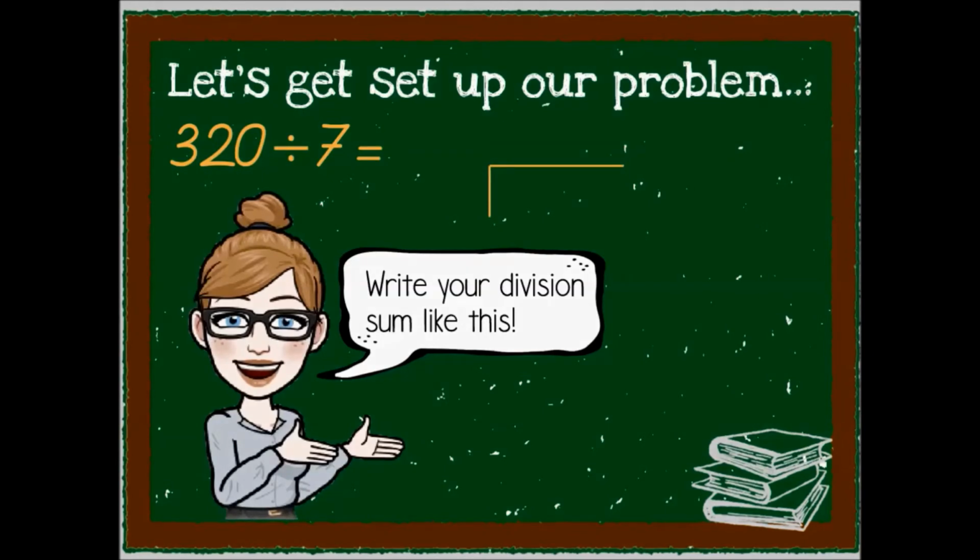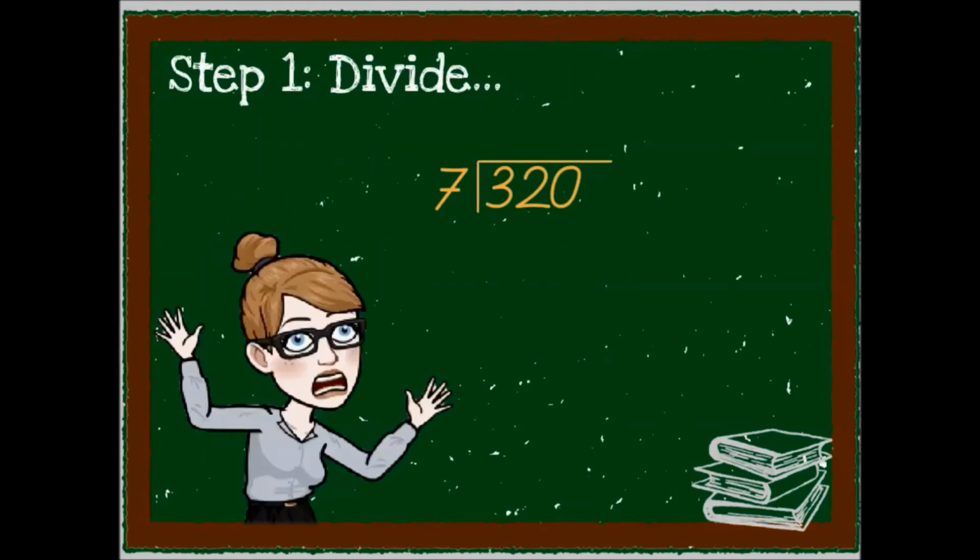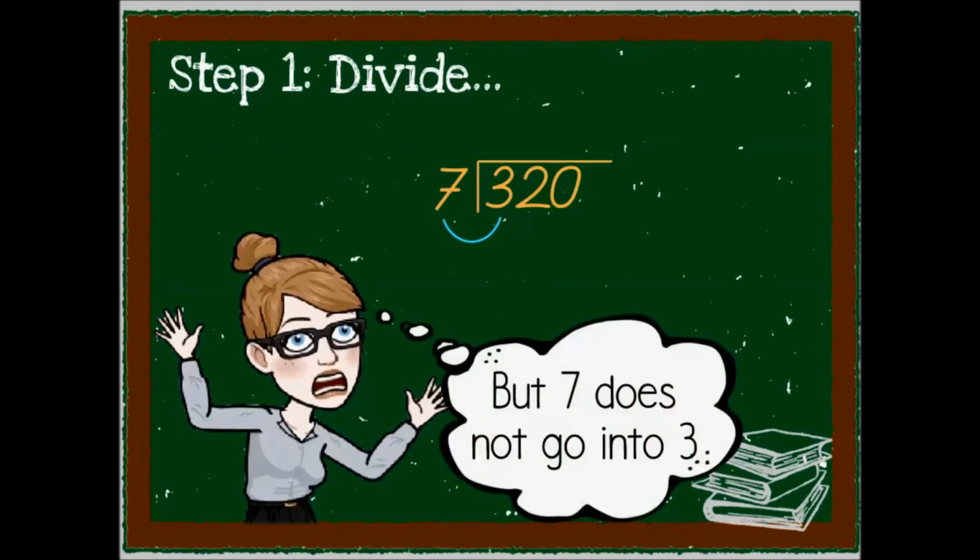Okay, but what happens when we have large numbers that we need to divide? Like here, 320 divided by 7. Oh boy, 7 can't go into 3. 3 is smaller than 7. No biggie, 7 goes 0 times into 3, so we make a dot.